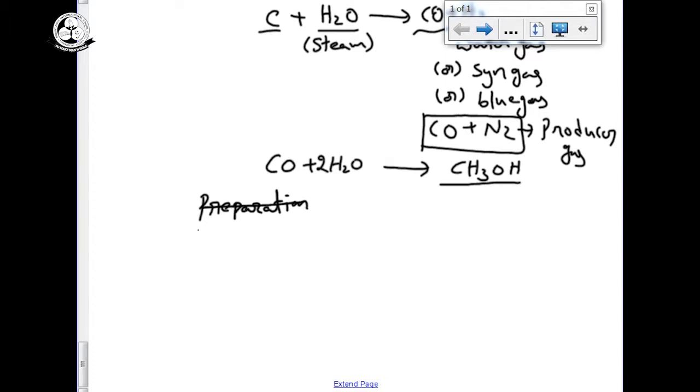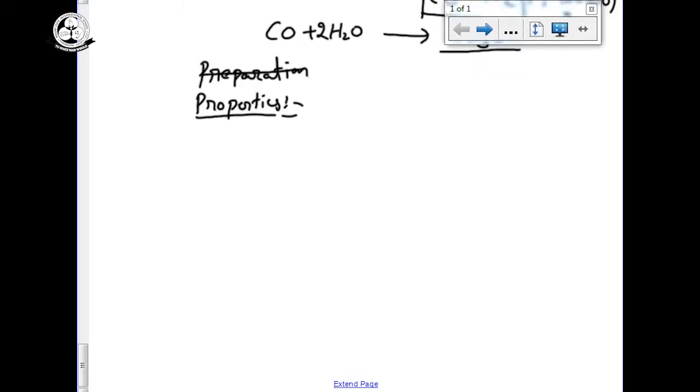Sorry, preparation over, now properties. Already we know carbon monoxide is a colorless, odorless and tasteless gas, and it is insoluble in water.